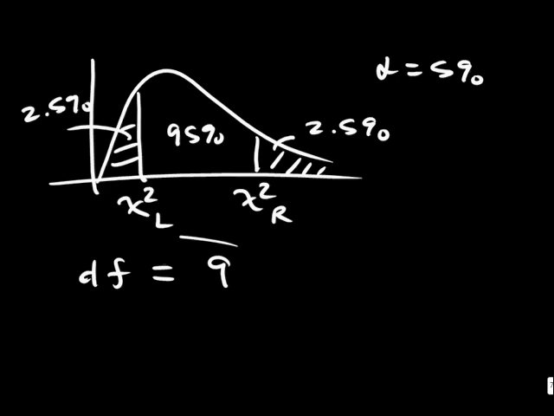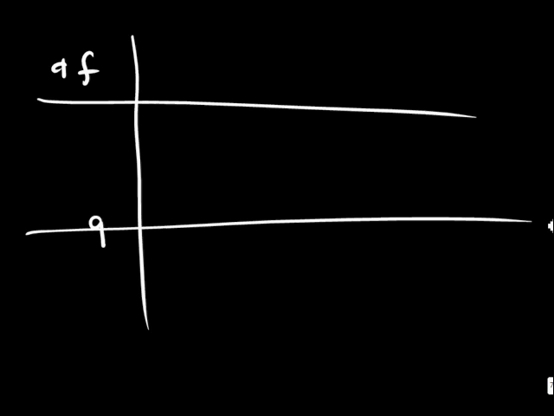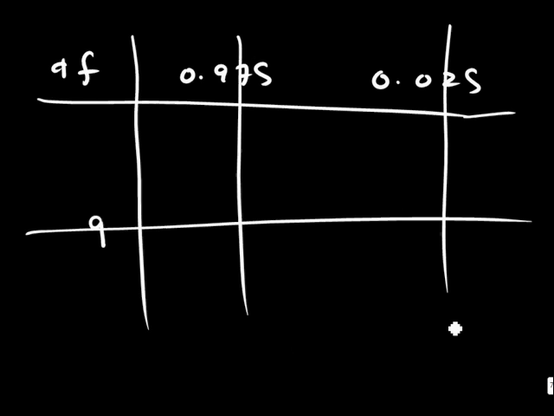We're going to use the chi-square table. Looking for row 9, column 0.975, 0.025. 2 columns. Let's go back. Using the chi-square table requires us to know the area to the right of a chi-square value.